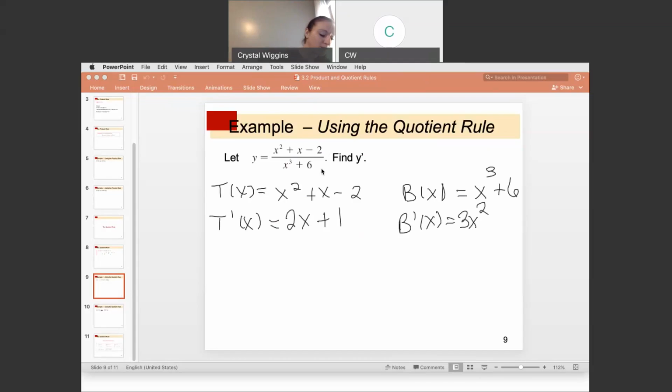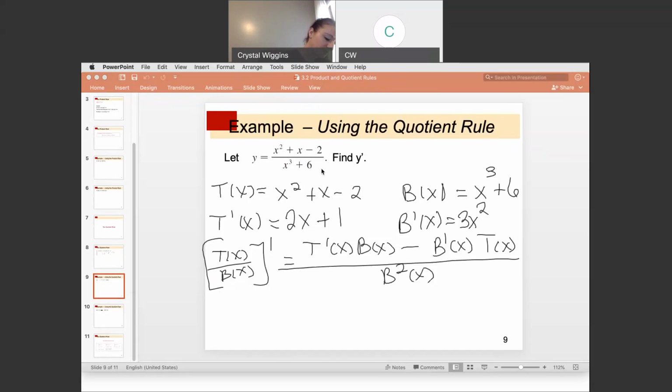So now using my quotient rule where I have a top function over a bottom function, and I'd like to take the derivative of that, I need to remember that the derivative of the top comes first in this numerator because there is a subtraction, so it matters.